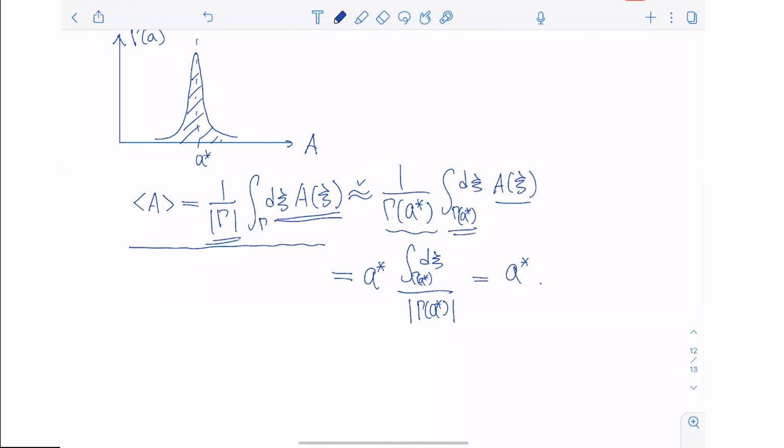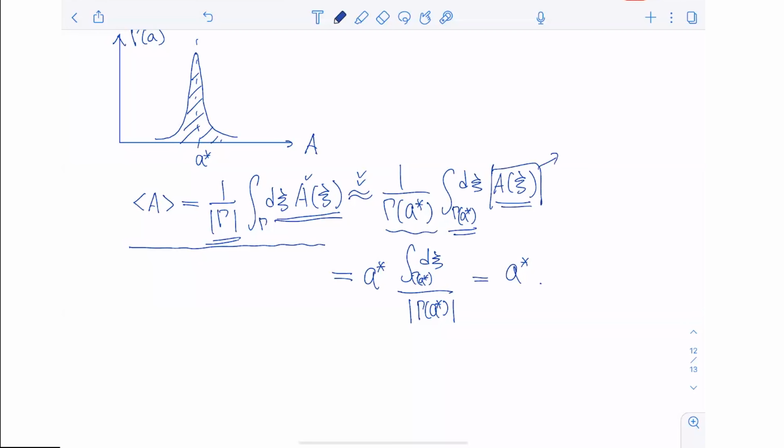And when I do the integration, I can just focus on those microscopic configurations that will give me the value of A star. Okay, but what does that mean? In principle, before you make this approximation, this A of C could have various different values. It could be A star, or somewhere a little bit away from A star, so you cannot pull it out. But if it is dominated by the weighting nearby the equilibrium value, that means this object is basically A star.